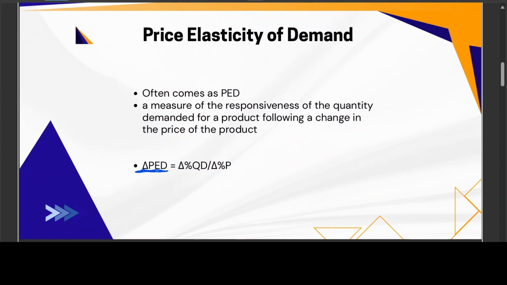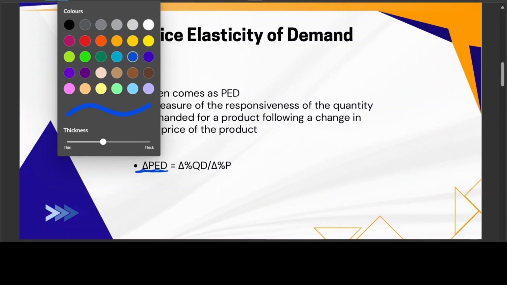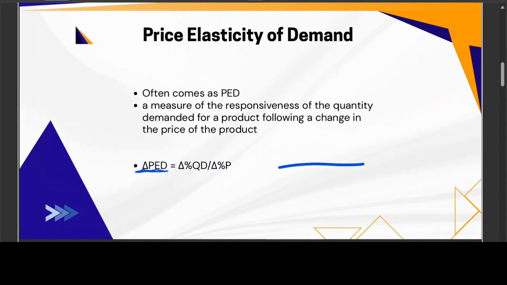Let's see one more case. We have changed price by 5% and our quantity changed by 25%, actually lost by 25%. So what happens here? We have minus 5 in this answer.